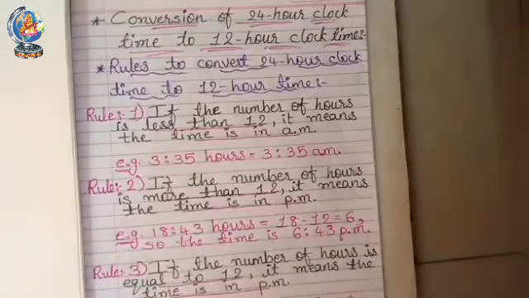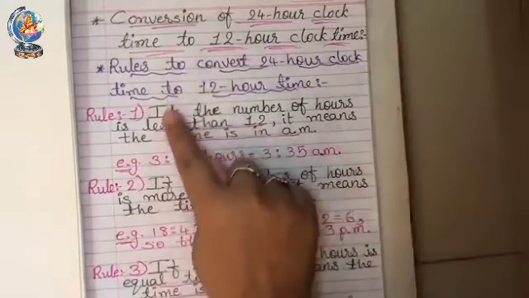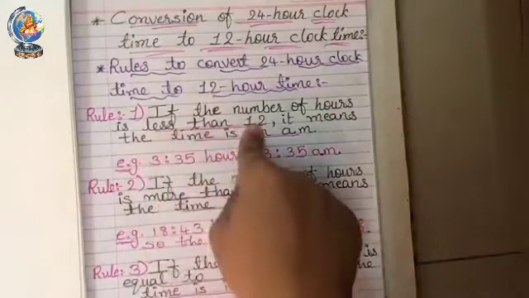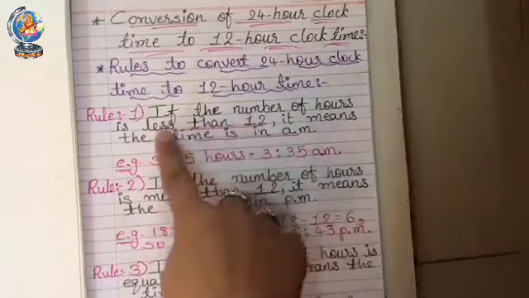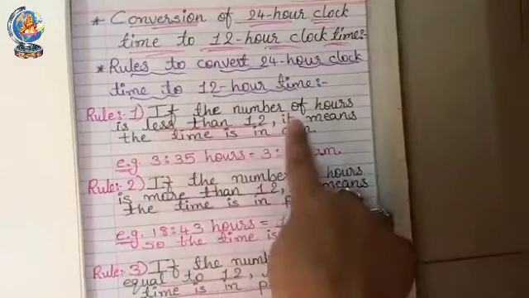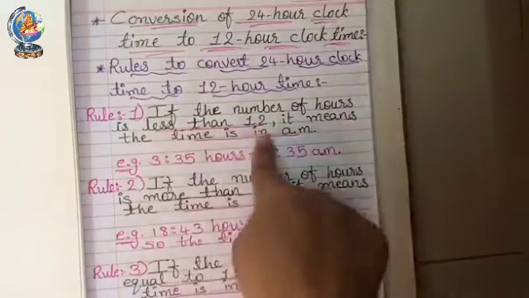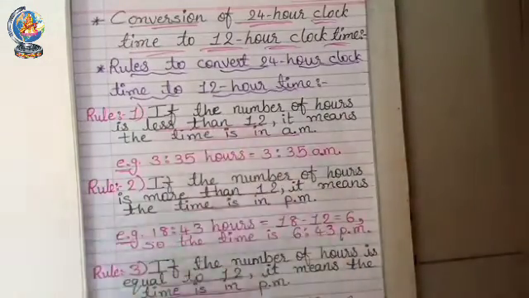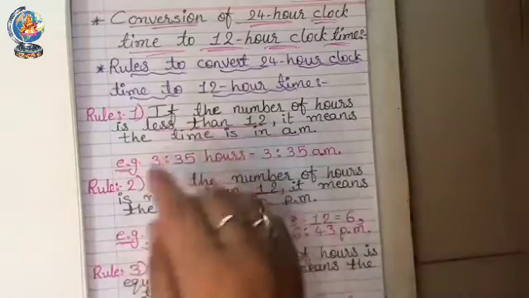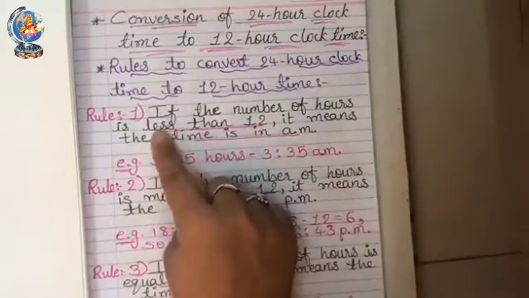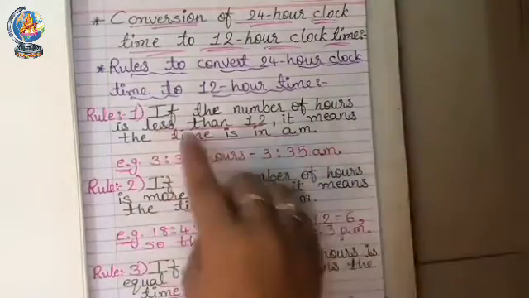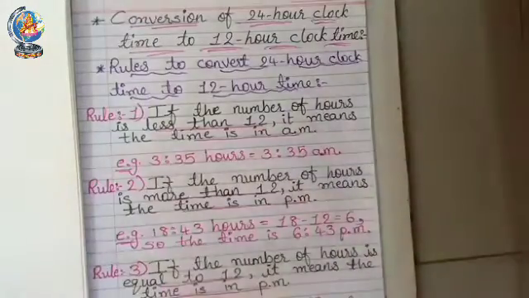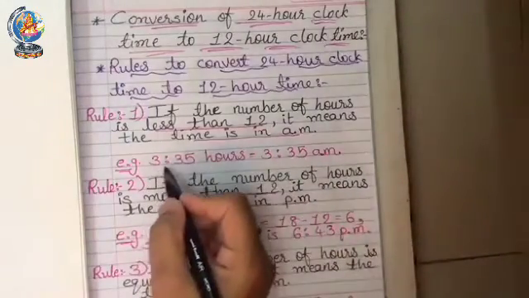The first rule: if the number of hours is less than 12, it means the time is AM. You can see that I have marked the keywords with underline: if the time is less than 12, then it will be AM.